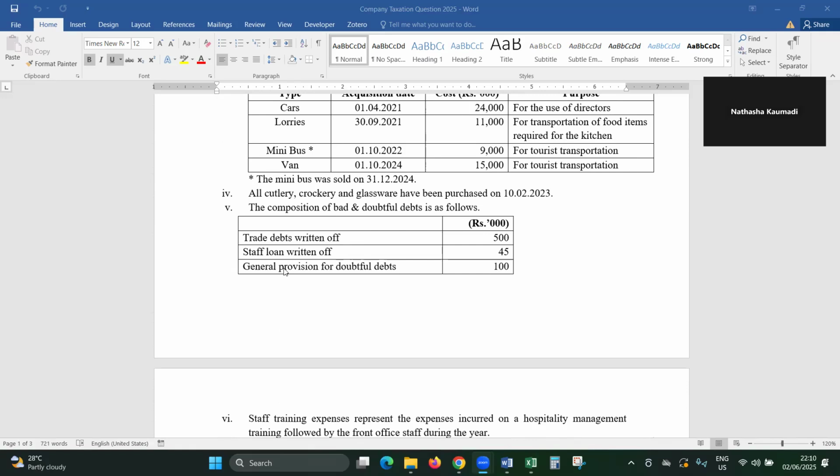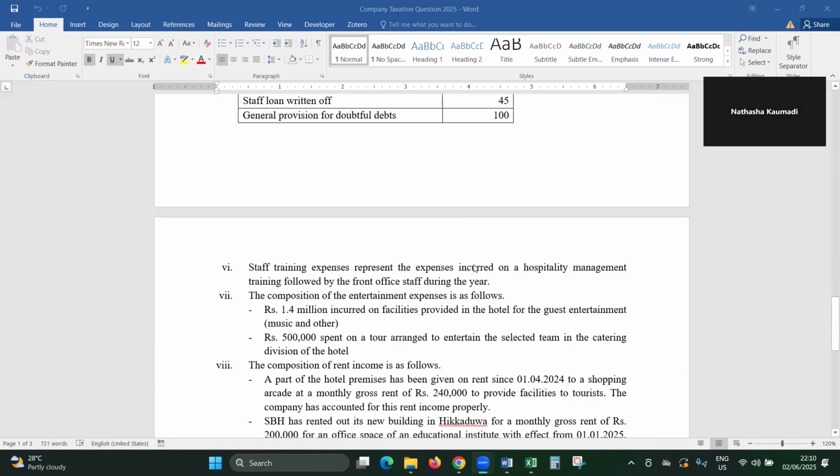Written off values and the general provision numbers are there. And then staff training expenses represent the expenses incurred on a hospitality management training followed by the front office staff during a year.